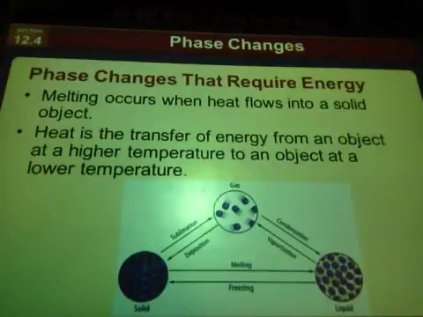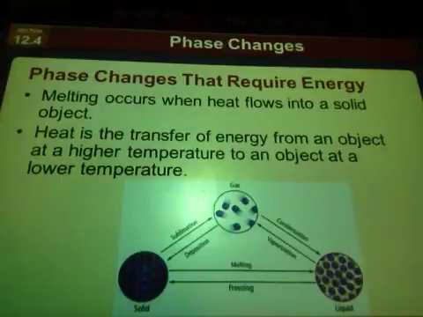So melting occurs because heat, which we know is just energy, is being transferred from something at a higher temperature to something at a lower temperature. So if I have ice cubes in water, my water is going to transfer heat into an ice cube, and that's what's going to cause this melting to occur.